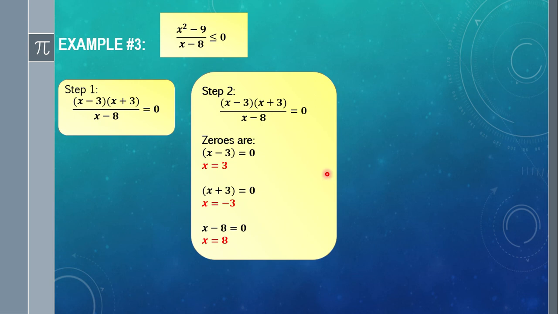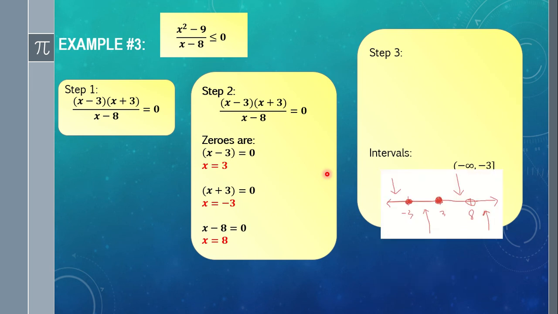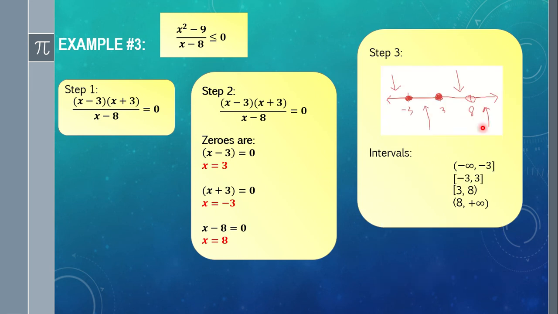Now we have 3 points to plot in our number line, okay? And for our intervals, that's going to be 4. Okay, look at how it looks like in a number line. So you have it there, the shaded negative 3, and then shaded 3. If you're asking why 8 is not shaded, it's because 8 will make our inequality undefined.